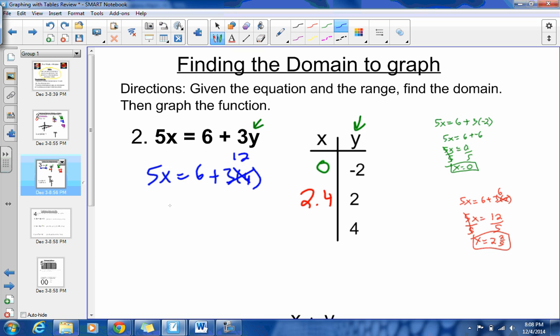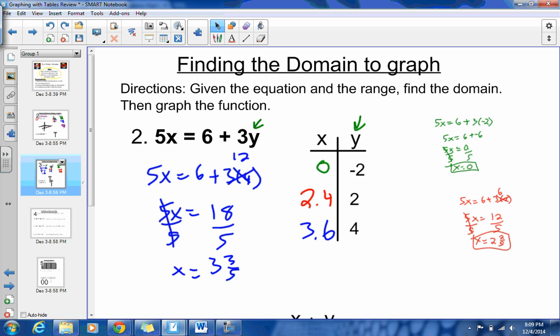So you end up having 5x equals 6 plus 12, which is 18. And then again, you go ahead and divide both sides by 5. So x equals 3 3/5, which would be 3.6. And there you go.